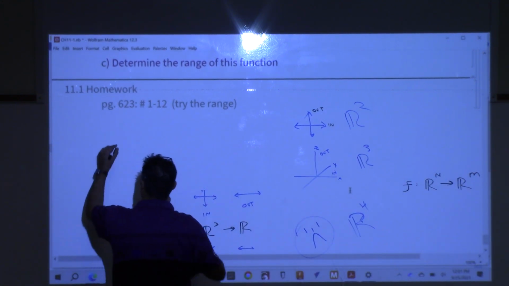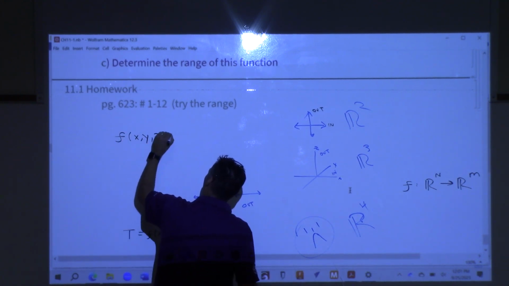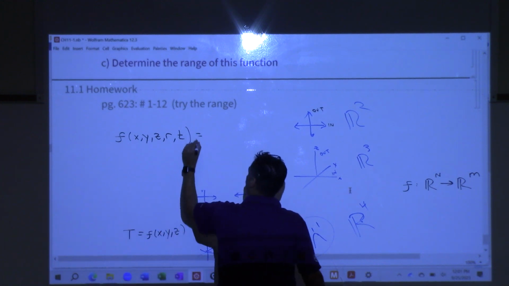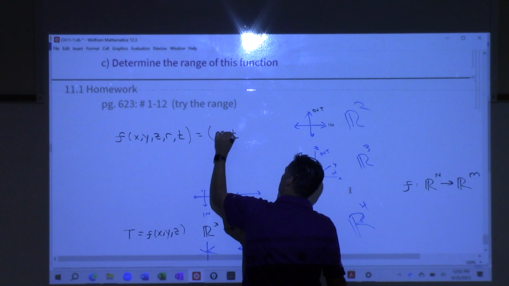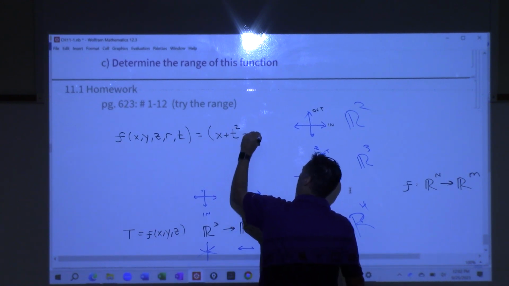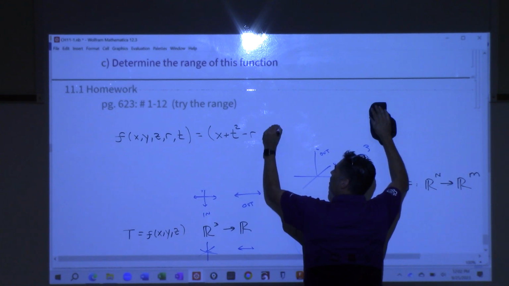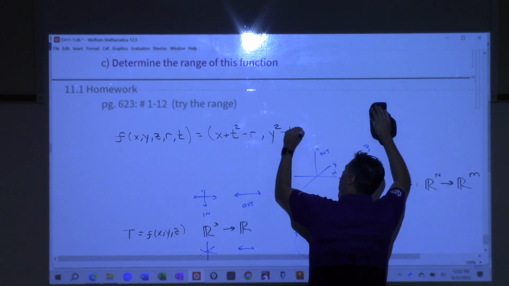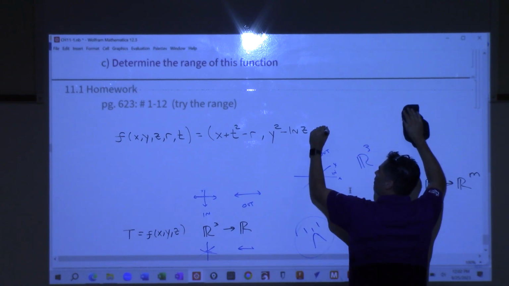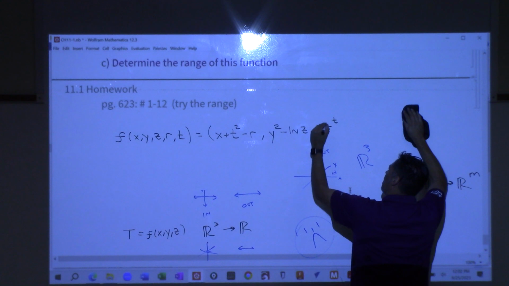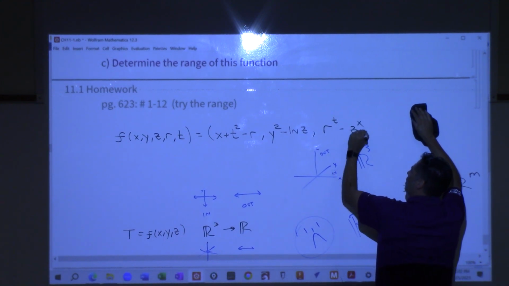I'm going to define a function. F of x, y, z, r, t, and my answer is going to be x plus t squared minus r, y squared minus the natural log z, and then how about r raised to the t minus z raised to the x.